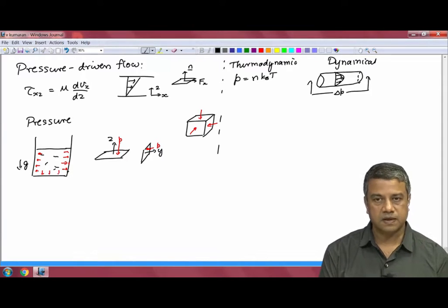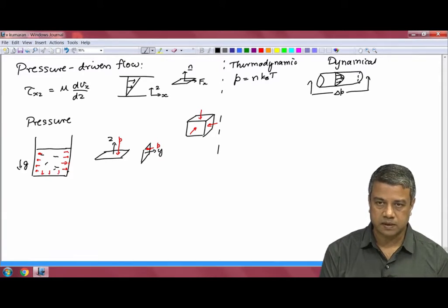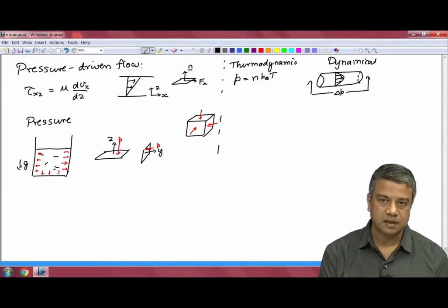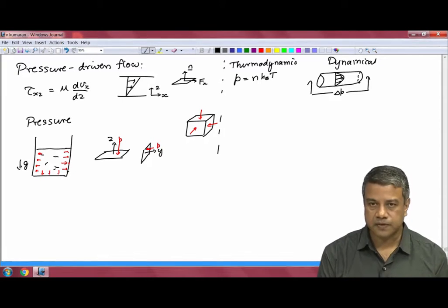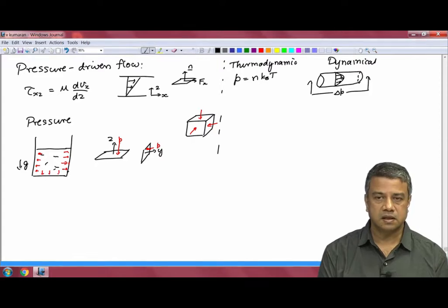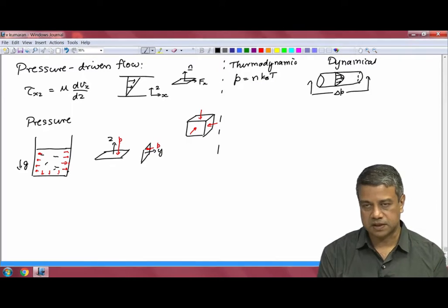And therefore, you can add or subtract a constant to the total pressure without changing the velocity fields. Whereas, in thermodynamic pressure you cannot do that, because it is an absolute pressure. So, that is the distinction between dynamical pressures, which are defined only up to an additive constant, because so long as the difference in pressure between different locations in the fluid remains the same, regardless of what the absolute pressure is, the flow rate will remain the same, the velocity field will remain the same.